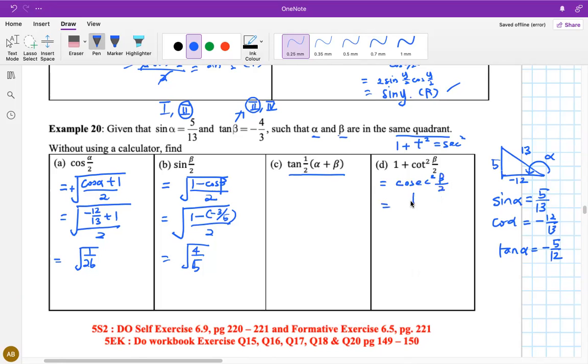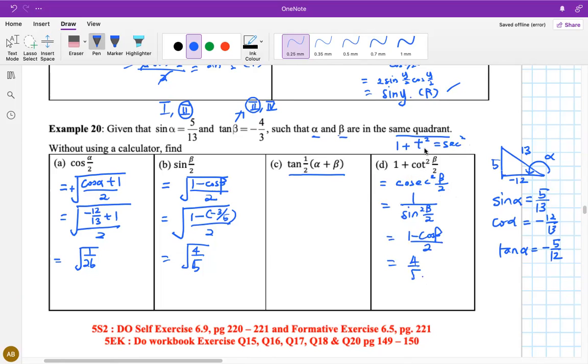Cosecant square beta over 2 is 1 over sine square beta over 2. So 1 over sine square beta over 2 is actually 1 minus cos beta over 2, that is 4 over 5.